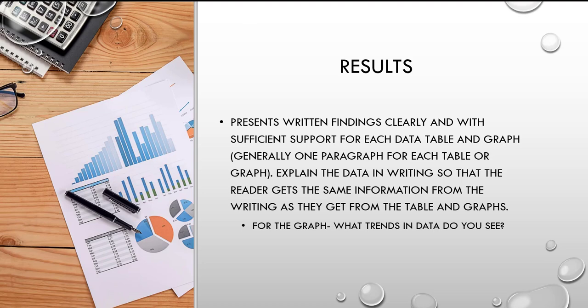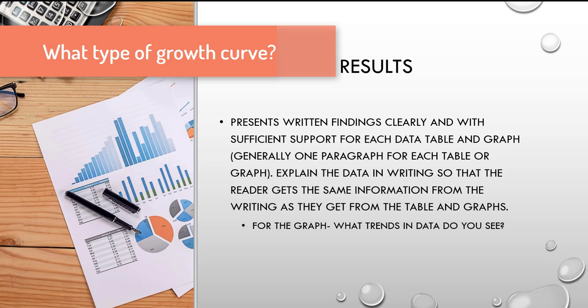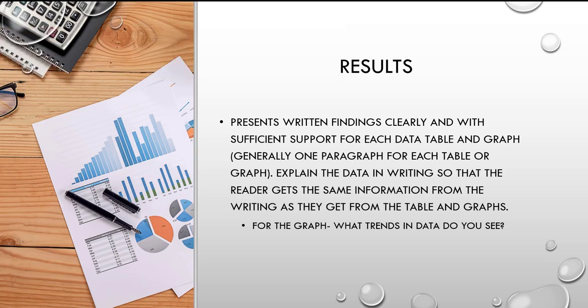This is an opportunity to talk about what type of growth curve you're noticing for each of the curves. Are they J-shaped curves? Are they S-shaped curves? Are they boom-crash cycles?